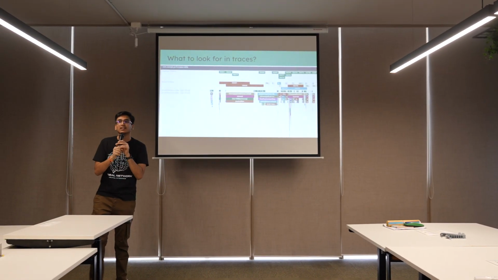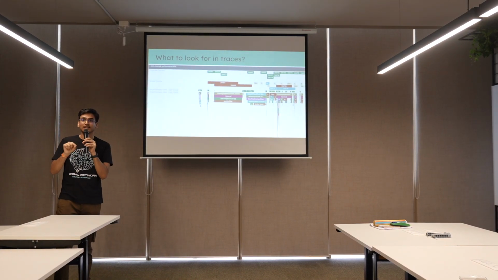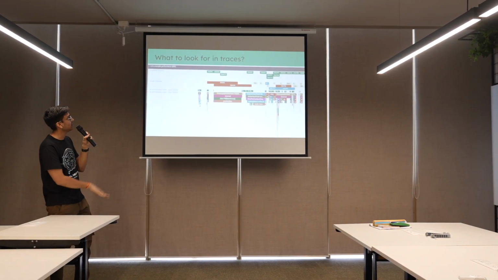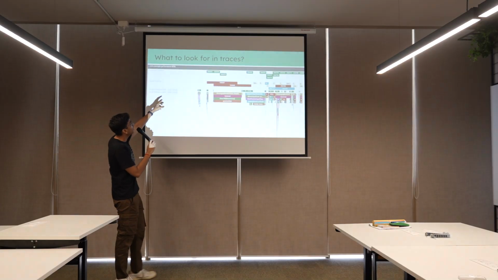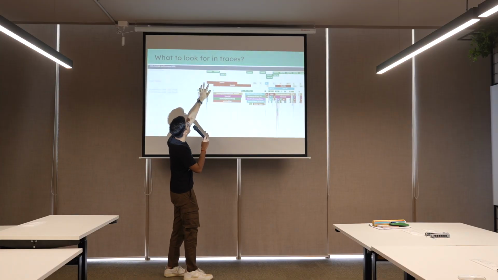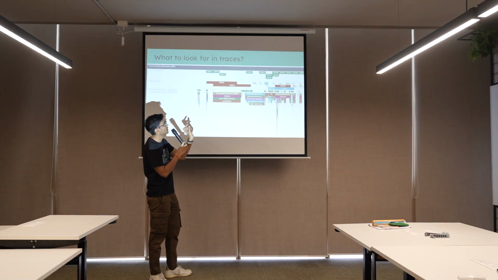Expected means your expectation is 16 milliseconds; your frame should be rendered within 16 milliseconds. But you can see in actual, this frame's length is like this. It means one frame should be completed within that span.